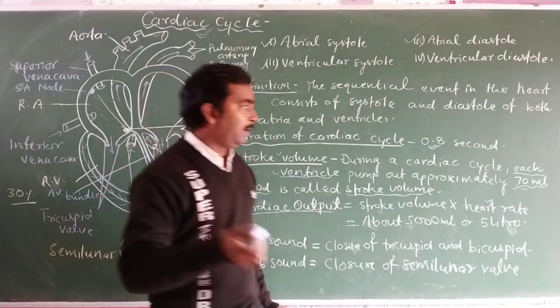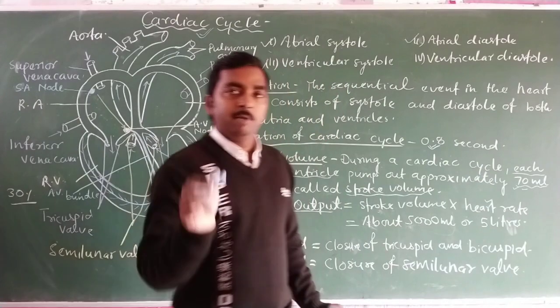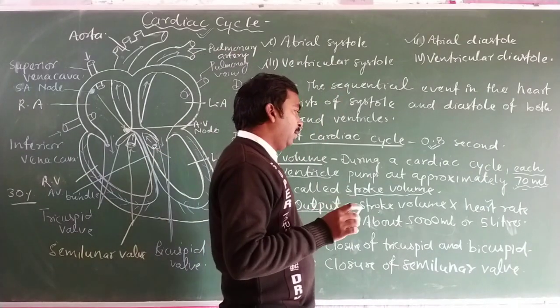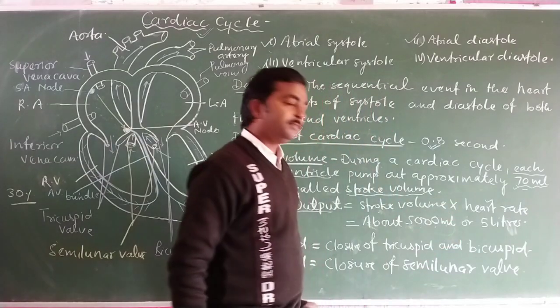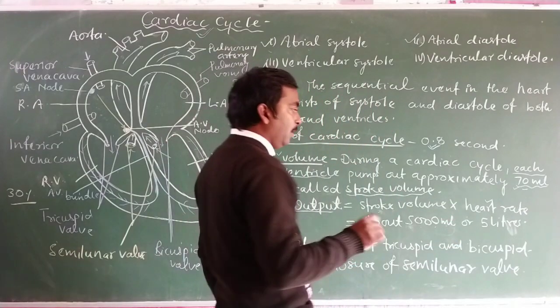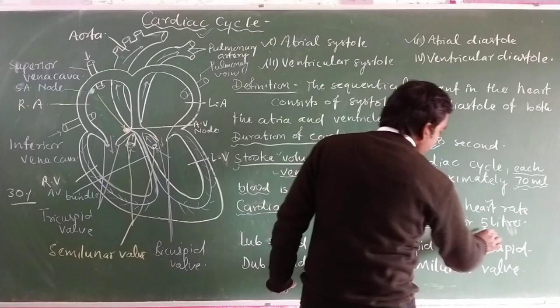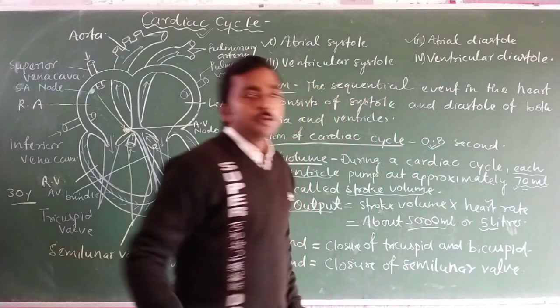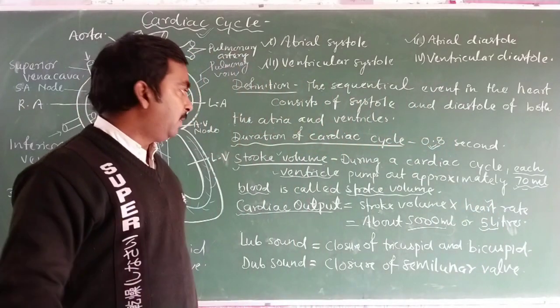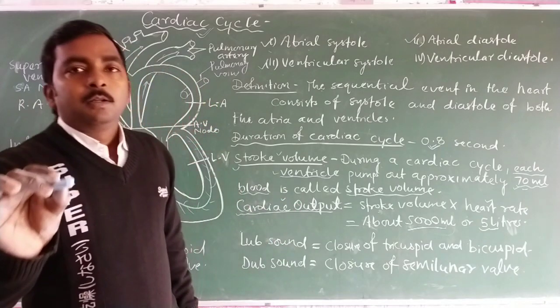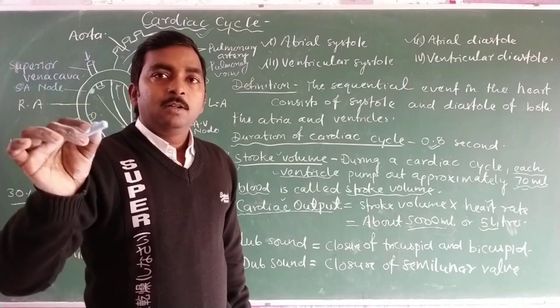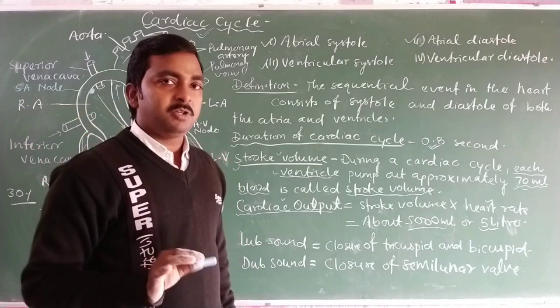If we multiply 70 by 72, we get about 5000 ml, which can also be written as 5 liters. So 5000 ml or 5 liters is the cardiac output for a normal healthy person.